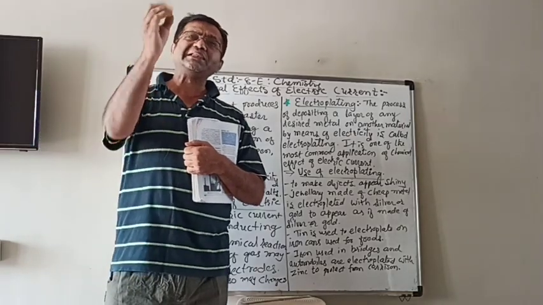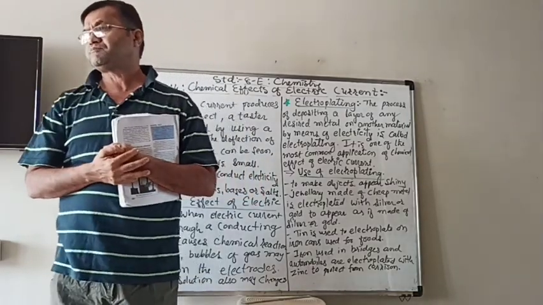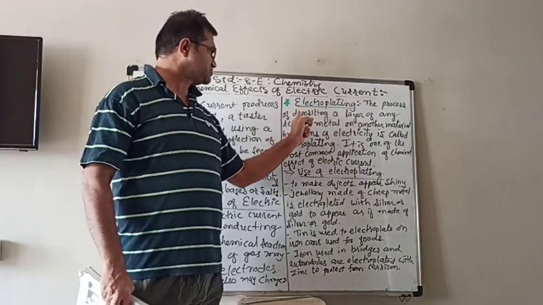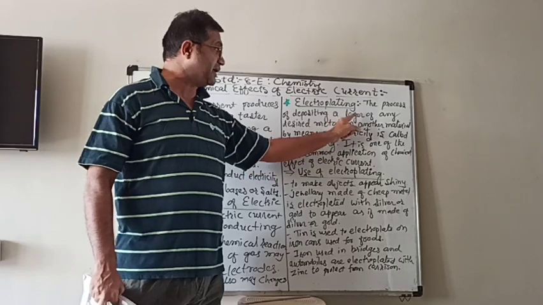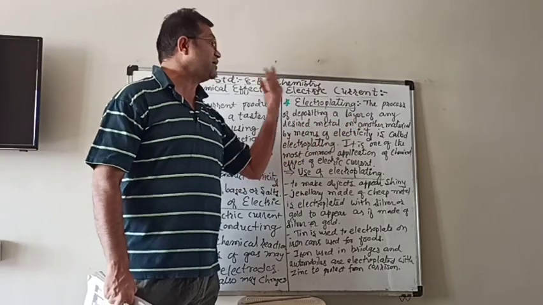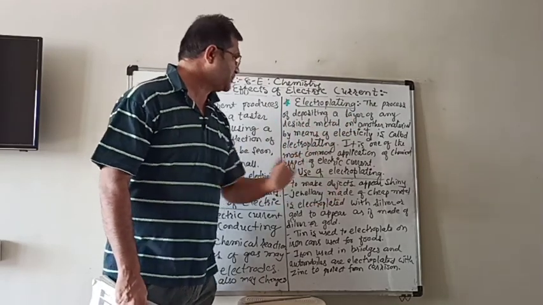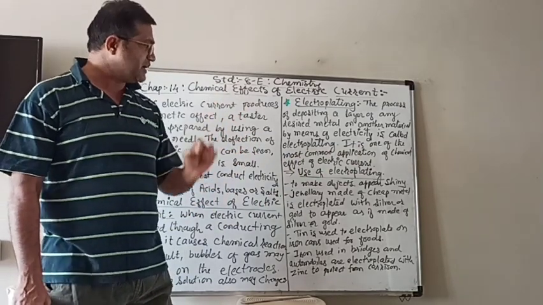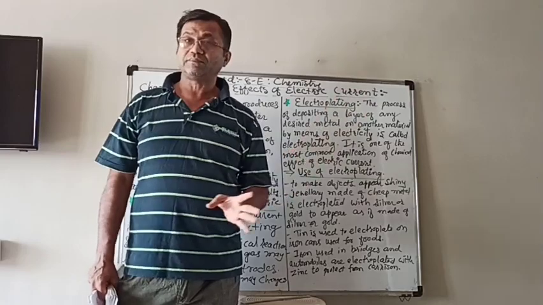I hope you have learned about electroplating. What is electroplating? The process of depositing a layer of any desired metal on another material by means of electricity is called electroplating.